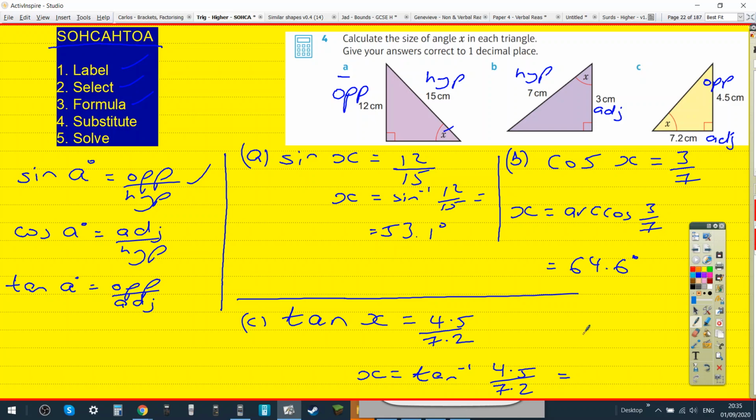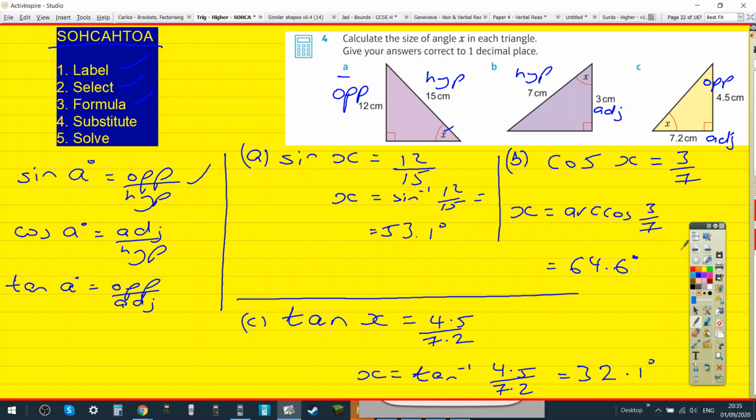And that is 32.1. Okay. And it can be 0.0 in case that's ever a thing.